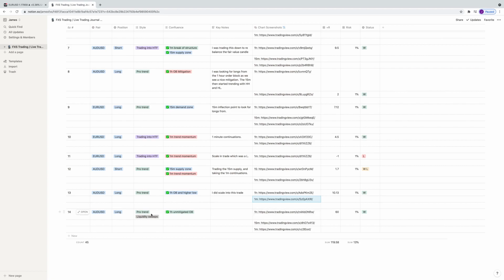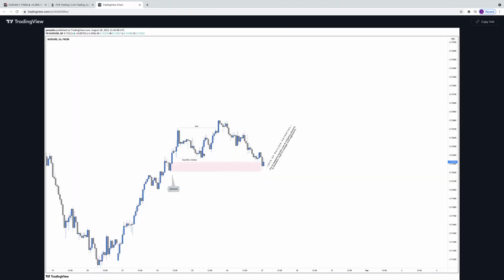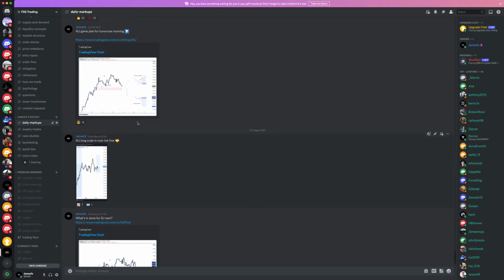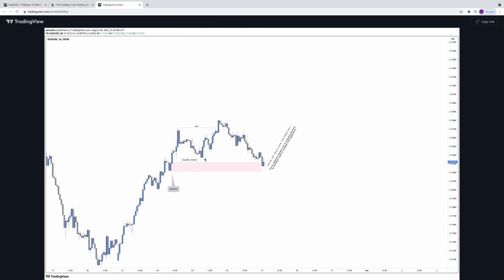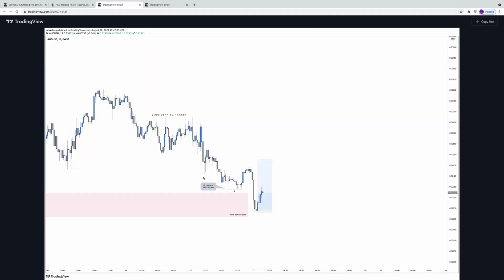So pro trend, liquidity sweeps, AU long, 1 hour unmitigated OB or demand zone, hourly time frame. We can see what I just covered on Discord from this here. We can see we tap in, we take liquidity, very, very simple stuff. We can go to a 15 minute, see what that's looking like.